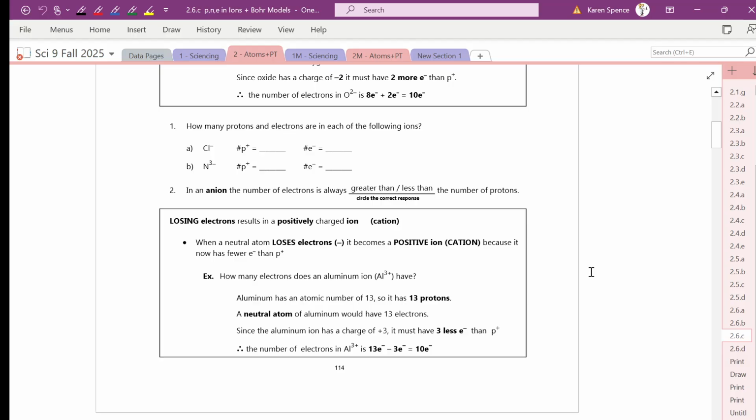And I'm going to throw in 114, actually. And 114. There we go. And I'll get rid of this because this was last day.